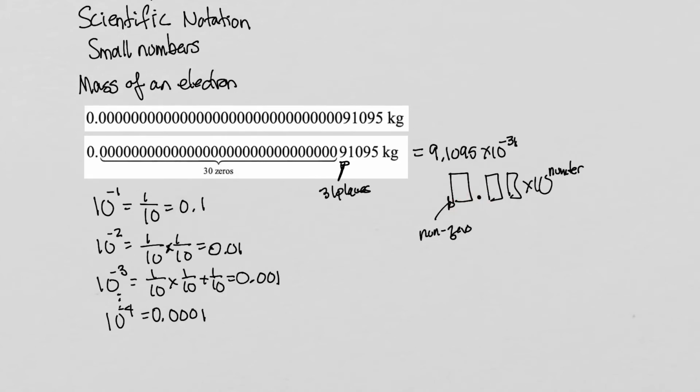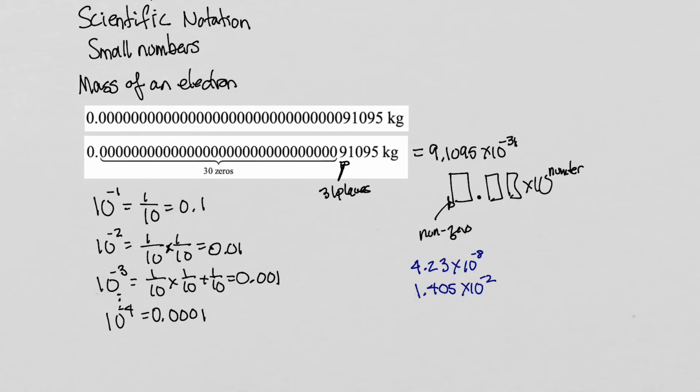So here's just a couple of examples. We could have something like 4.23 times 10 to the negative 8. And just to the left of the decimal point, there's one non-zero digit. We could have maybe 1.405 times 10 to the negative 2. And again, we have one non-zero digit to the left of the decimal point.